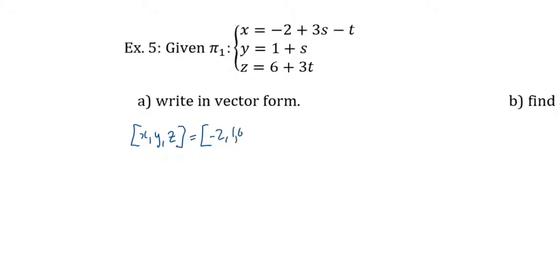Good. And then plus S. So the parameters are given here. We generally use S and T. Wouldn't necessarily have to, but in this case we are. Good. So the third one doesn't have an S term in it, so again, it's 0. Plus T. Good.